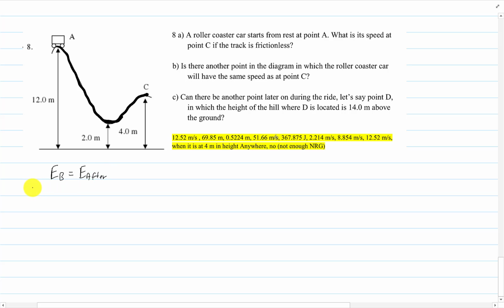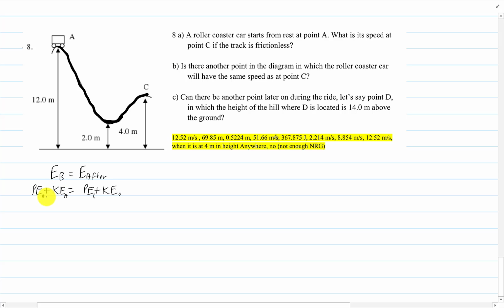Since it's frictionless, it's just going to be mechanical energy. So potential energy plus kinetic energy is equal to potential energy plus kinetic energy. And we can go right from point A to point C. We don't have to go through point B and do all the in-betweens.